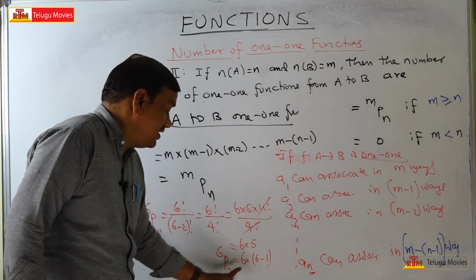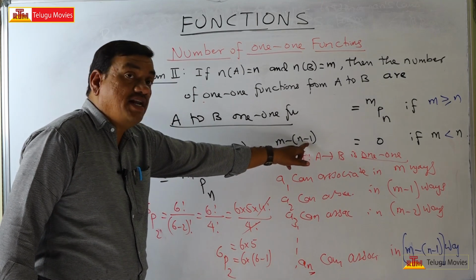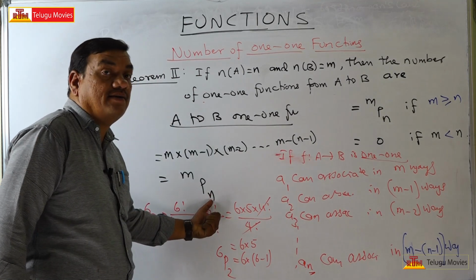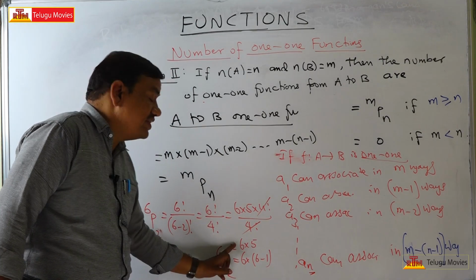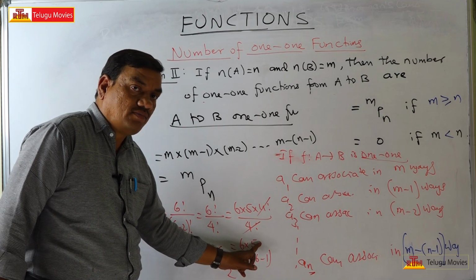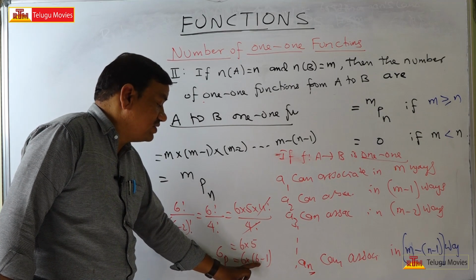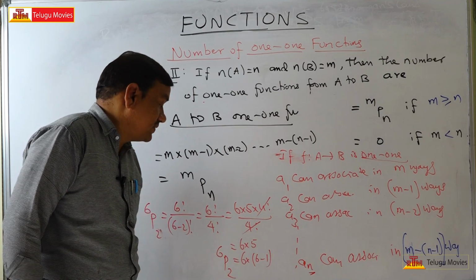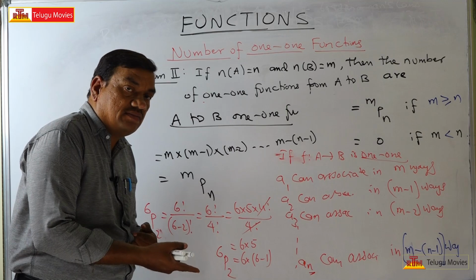If it is 1, here you are getting 2. Like that, if it is n minus 1, you have to get n here. Once again I am telling, 6P2 value is 6 into 5, a clear shortcut. 5 means 6 minus 1. That means 6P2 value is 6 into 6 minus 1.